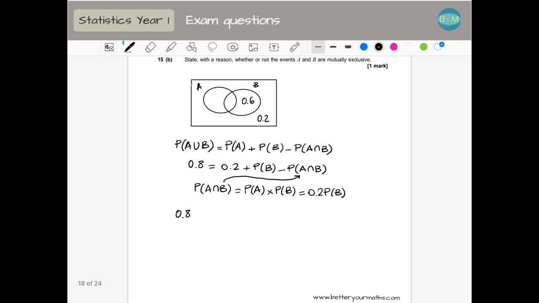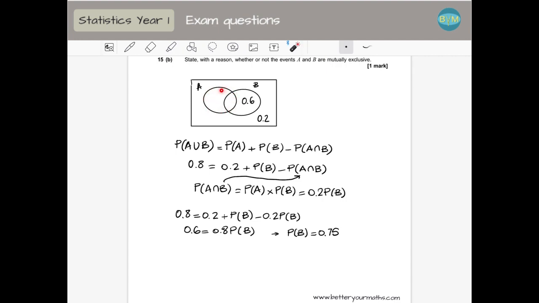So 0.8 is going to be 0.2 plus probability of B minus 0.2 probability of B. And when we solve this, we have 0.6 is 0.8 probability of B. So probability of B is 0.75, which is all this thing.